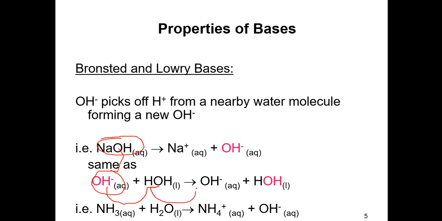It then produces a new hydroxide, which is extremely redundant, since there's already one there that was present, but that's okay. And then a brand new water molecule. So sodium hydroxide fits both the Arrhenius base definition, as it donates hydroxides, and the Bronsted-Lowry, in that it accepts hydrogens from water molecules, forming new hydroxides.